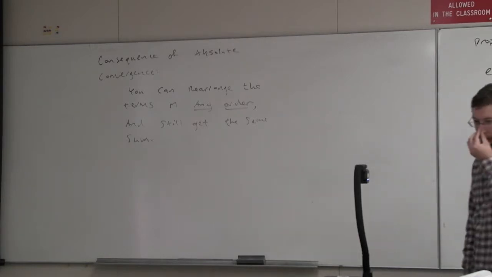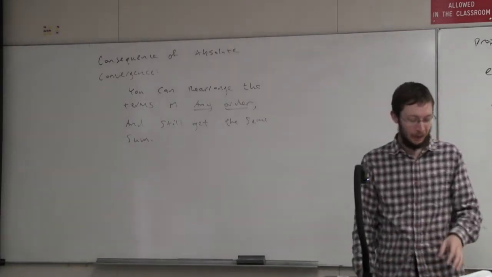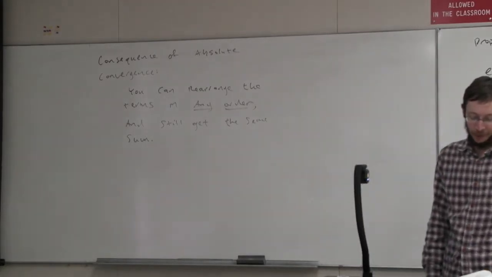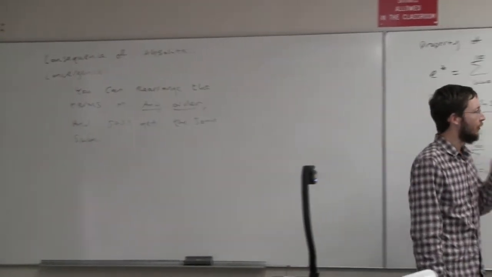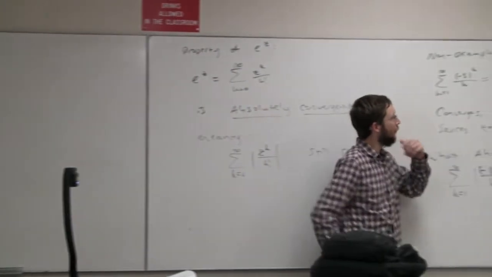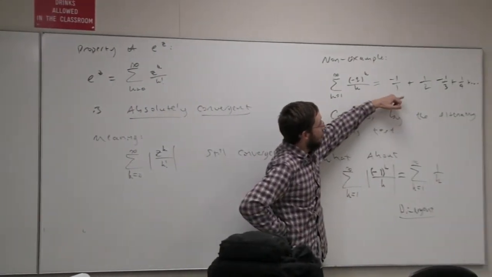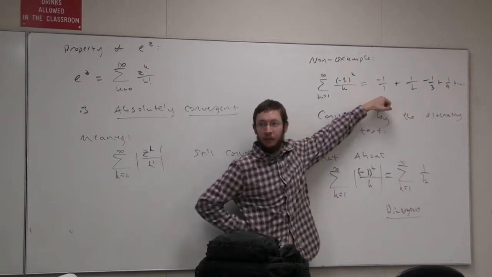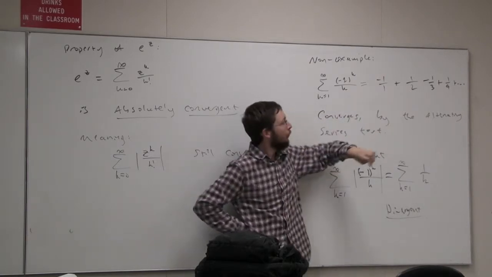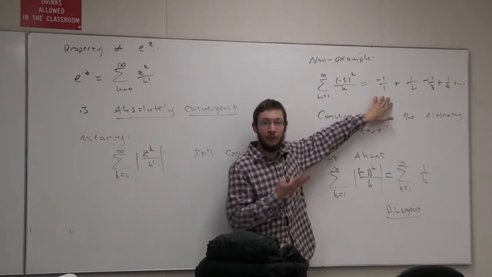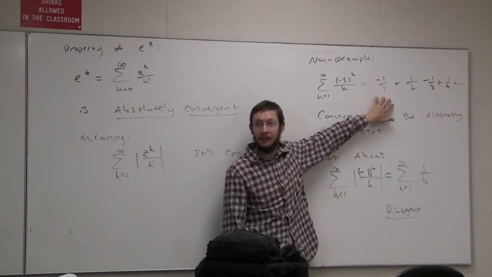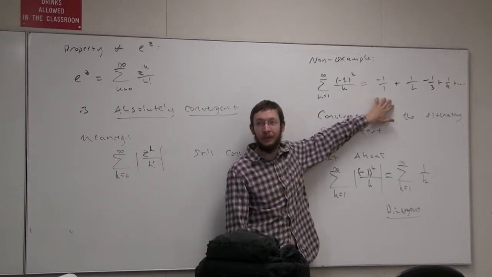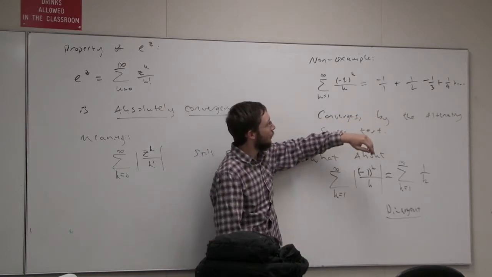And so you can't really appreciate this until you start playing around with what it means when you don't have an absolutely convergent series. If you don't have an absolutely convergent series, then believe it or not, by making clever rearrangements of these terms, you can get this sum to converge to anything that you want to, right?